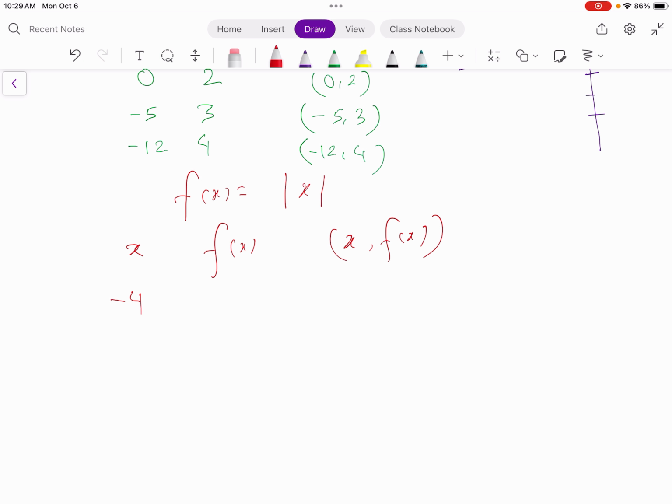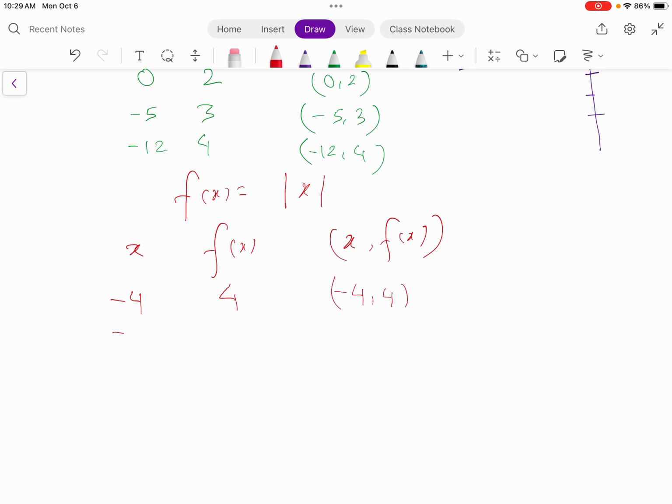Now if our x is -4, what will be the output? How do we find the output here? You replace x by your input, -4. What is the absolute value of -4? +4. So (-4, 4) is one point.